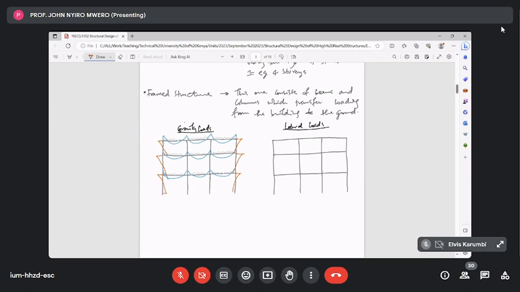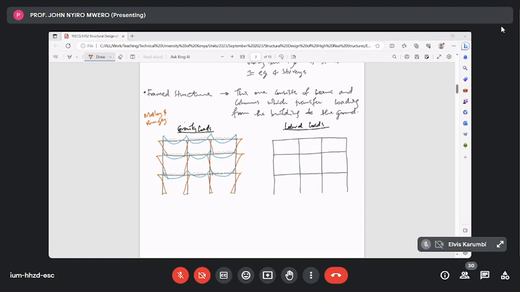If somebody is interested in how you would analyze this kind of frame easily using what we call subframe analysis, you can consult a book by Mosley and Bunge, a very good, very simplified book. Then depending on where the out of balance moments are in the internal columns, you would have some form of bending moment diagrams.